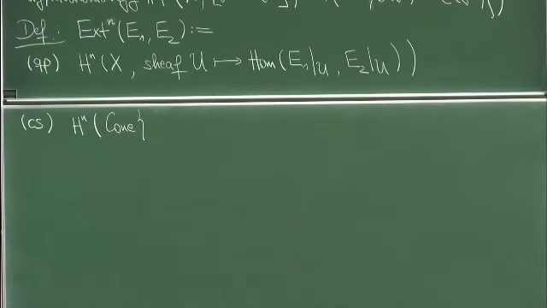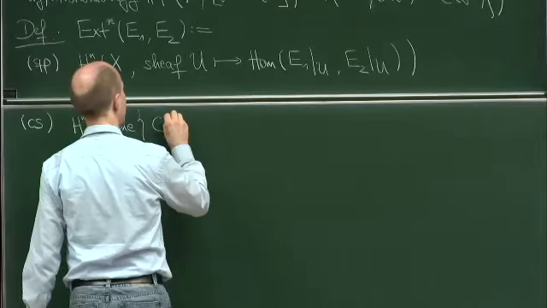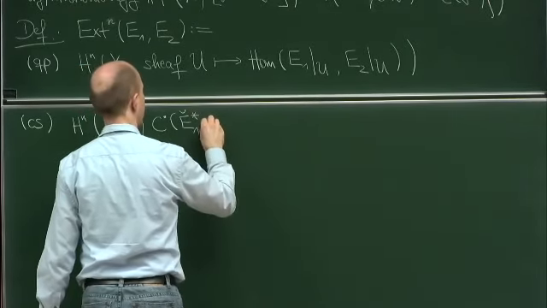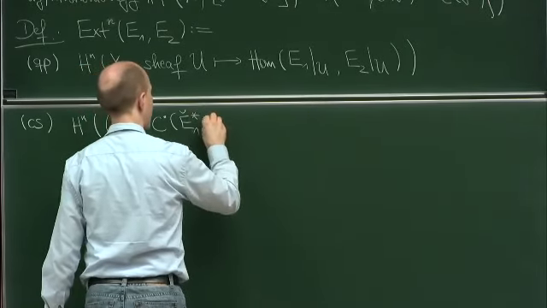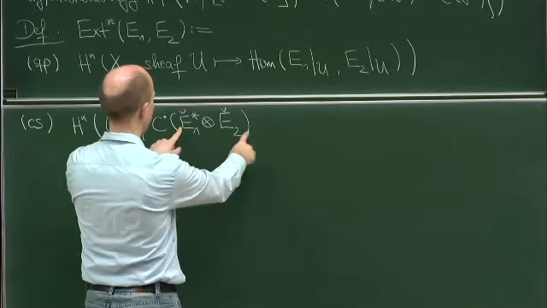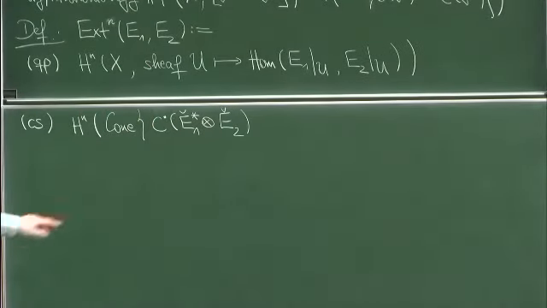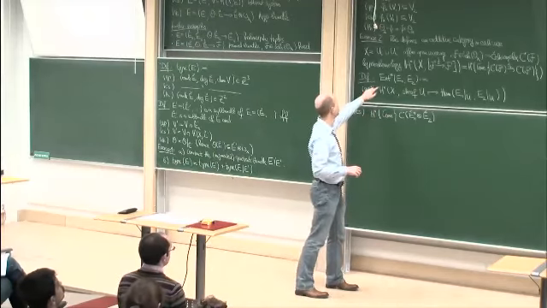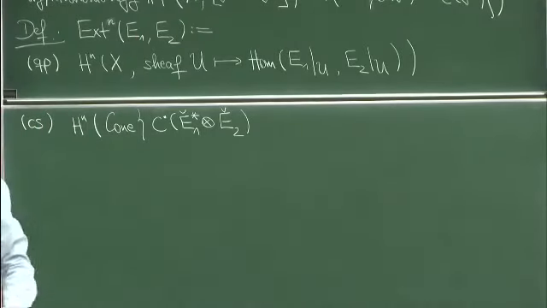The first complex is just the Čech complex of E1 Čech dual, so the underlying vector bundle of E1 dualized and tensored with the underlying vector bundle of E2. So this is just the bundle of morphisms between the underlying vector bundles, this vector bundle on X. So take its Čech complex. So if you would take H1 of that, you would just get Ext of the underlying vector bundles.